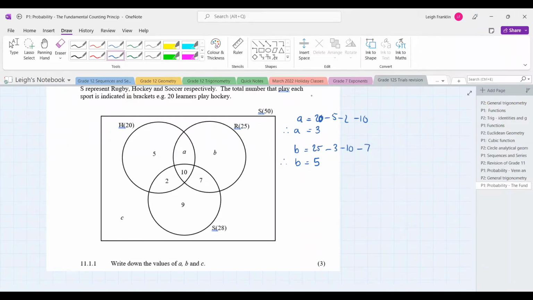So C is this value outside. In other words, it's down here. Let me just highlight it for you. So C is here. It's in our sample space, but it's not inside any of the events. So C represents the number of people that took part in the survey that don't play rugby or hockey or soccer. How would we work out how many people that is? So they don't play rugby, they don't play hockey, and they don't play soccer.